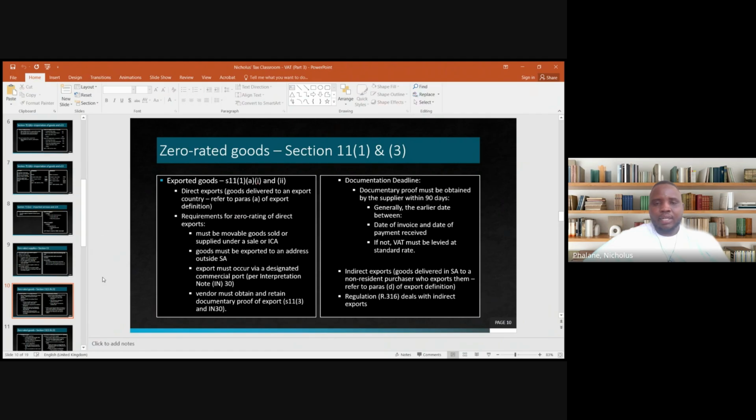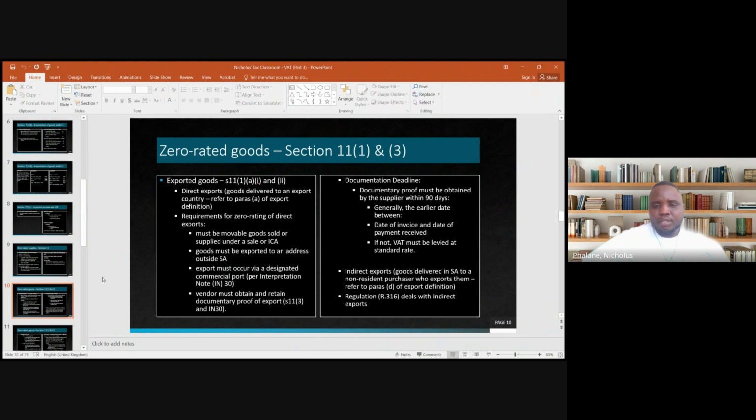Essentially, then at the end of the day, they wouldn't have paid any VAT. But you, as the supplier, you want to zero rate the transaction, right? But the details are on this next slide. We'll see them and just run through them because I would have then discussed them.